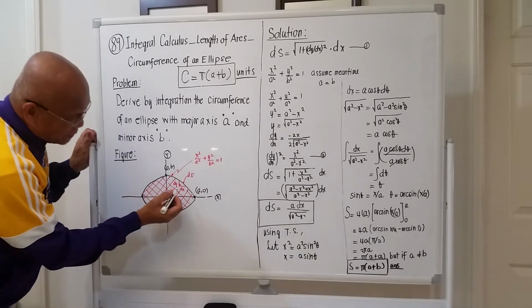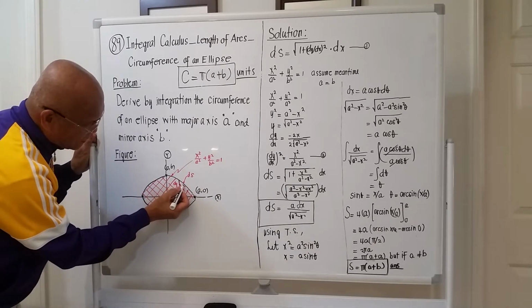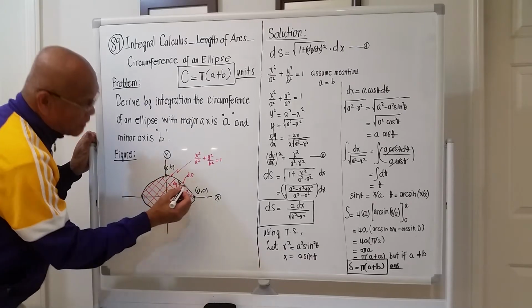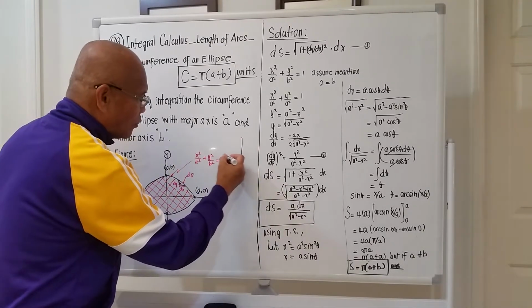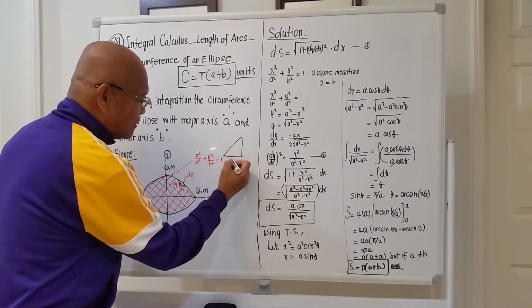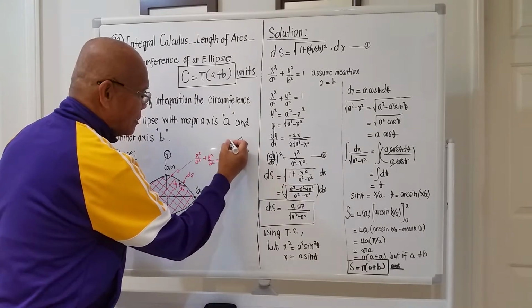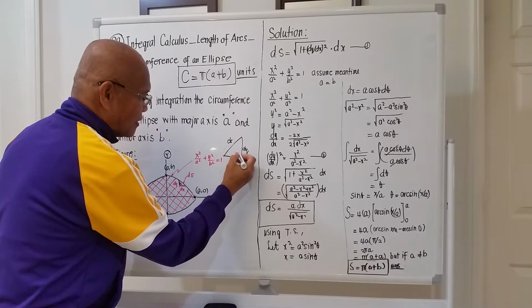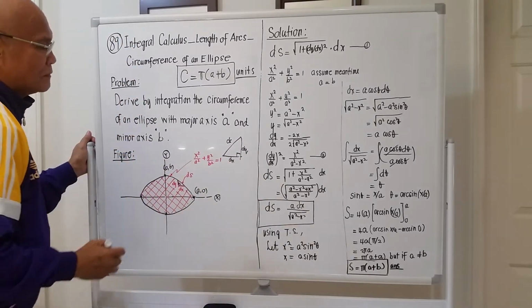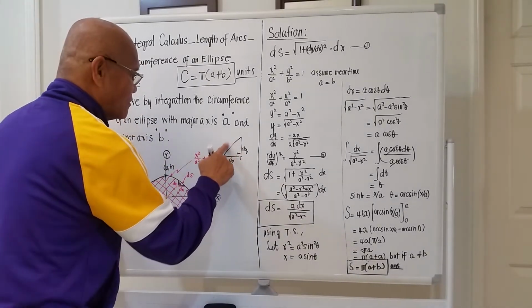The differential arc is this triangle here. If you try to bring it out, it will be something like this. This is dx, this is dy, and this is ds, with a right angle. This is ds.